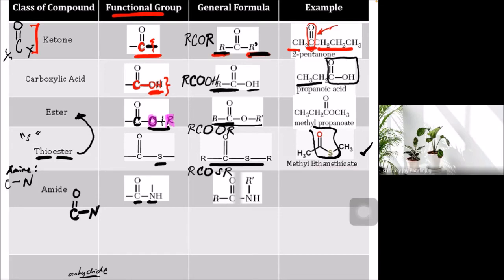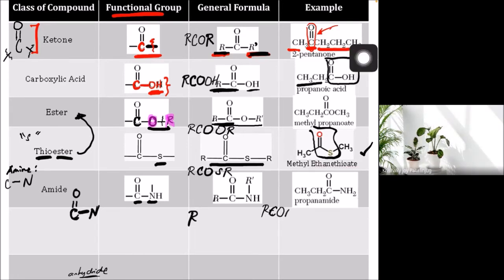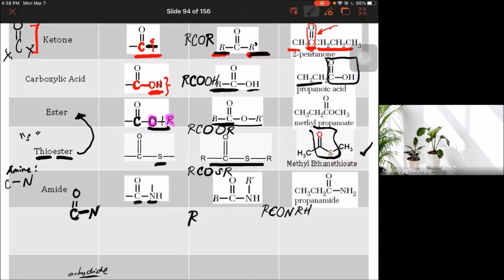So that would be the general formula. Based on this example, we can write the type formula of amide in this manner. You have RC, then the double bond O, and you continue with nitrogen, then you have the R, then an H. So that's the simplified type formula of amide.